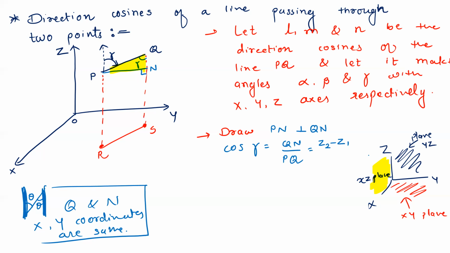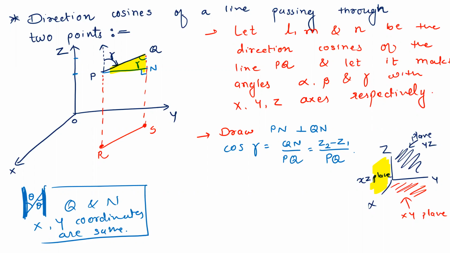Because you can see over here, it is a difference in the Z axis only, X and Y are the same. So cos gamma is Z2 minus Z1 upon PQ. We can draw like this, PN perpendicular to QN, in a different plane also: in the XZ plane for the Y-axis, and the YZ plane for the X-axis. We are not going to draw everything, just wanted to prove it for the Z-axis.